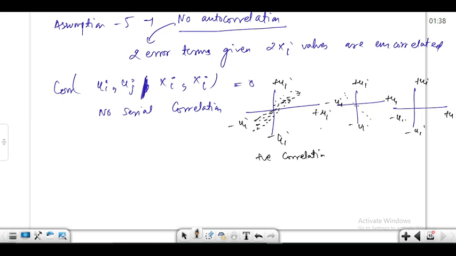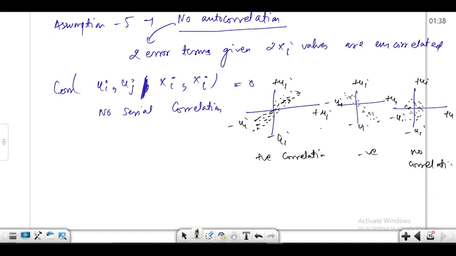This graph is representing a negative correlation between the two error terms, and this graph is showing no correlation. As the value of ui is increasing, the value of uj is also increasing, and similarly on the other side, in the third quadrant, as the value of ui is increasing, the value of uj is decreasing, so there is a negative correlation.